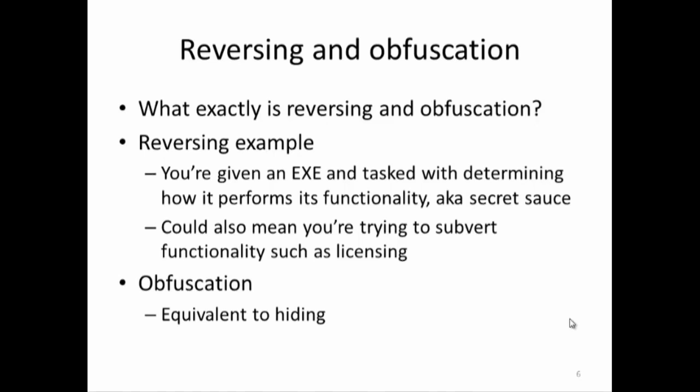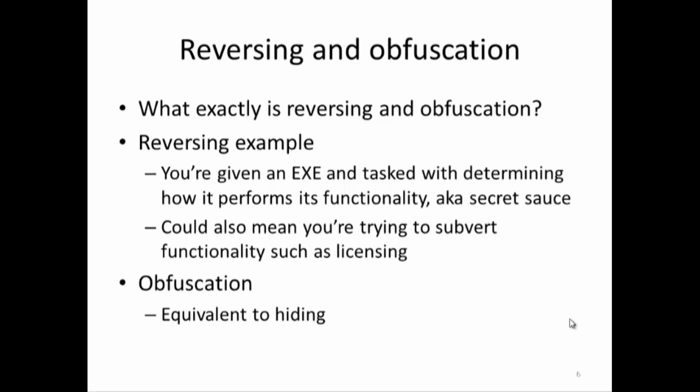So reversing and obfuscation. What are these two? Reversing basically is when you're given an executable and somebody says, hey, I want you to figure out how this executable does what it does. And basically that's it. So you're almost starting with your hands tied or blindfolded, and you're trying to figure out, okay, how do I extract this functionality from what was built into this executable?